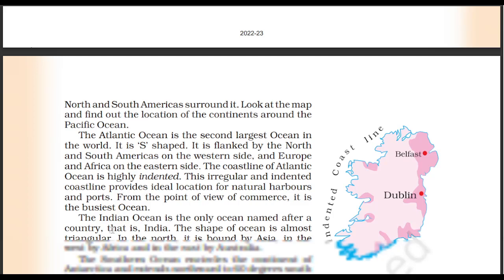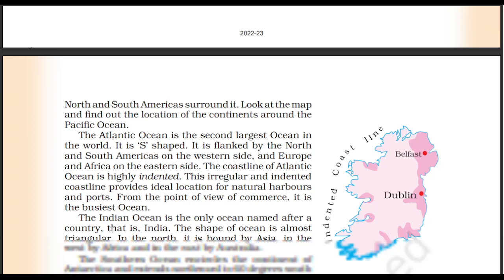The coastline of the Atlantic Ocean is highly indented, which means zigzag. This coast of America is zigzag, while this other coast is smooth.